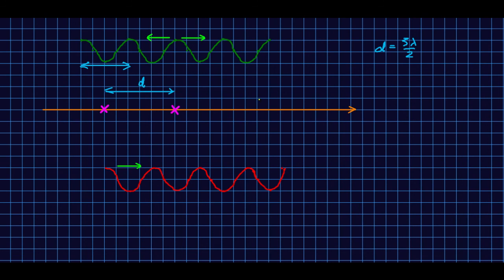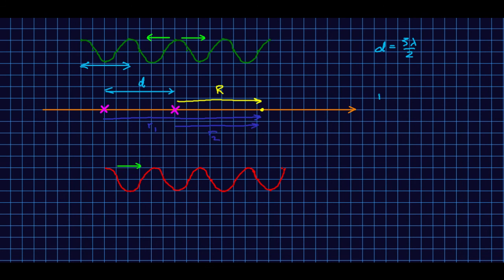So again, I'm going to pick just an arbitrary point, and I'm going to call the distance out to it capital R again. And so again, we would have an R1 like so, and an R2 like so.